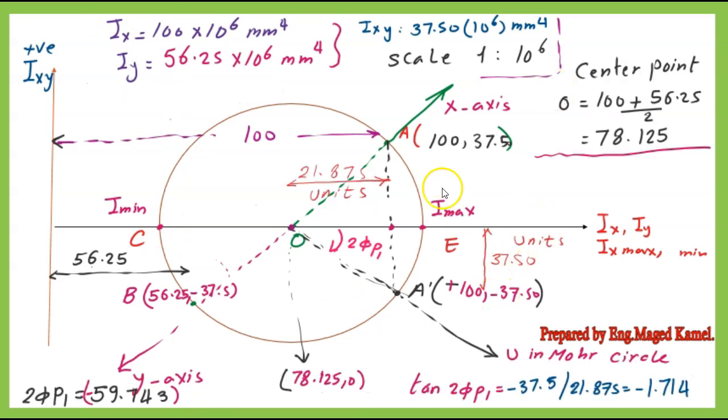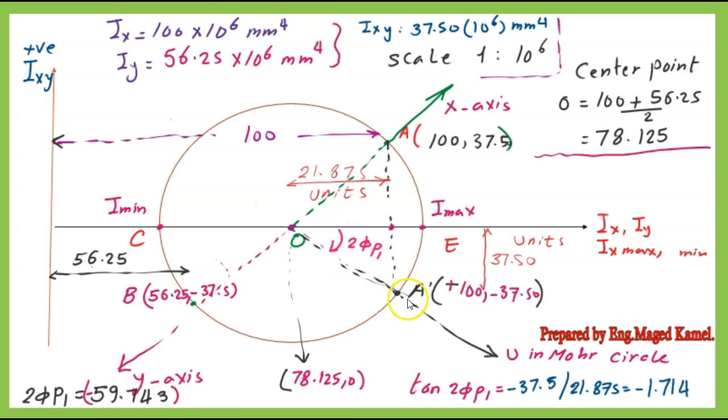After we draw Mohr's circle, we can find the value of angle 2 theta B1, but first we draw the mirror point A dash with a coordinate of Ix, minus Ixy, or 100, minus 37.5 units. The U direction is the line OA dash.